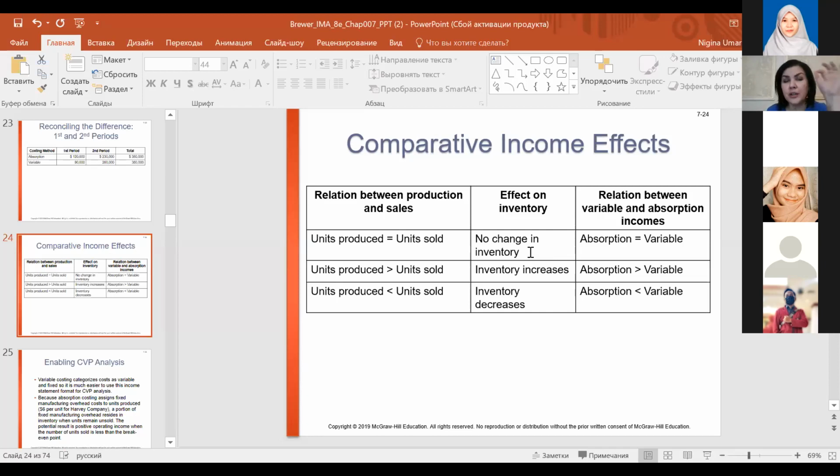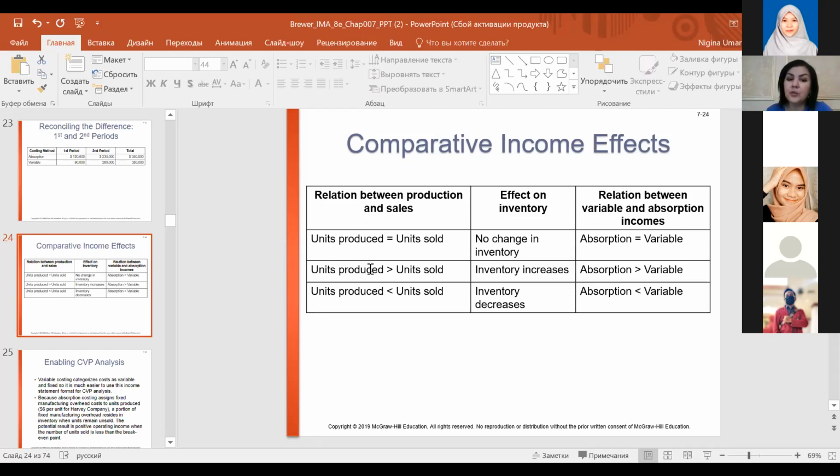So the change equals 0. Then absorption costing net operating income will equal variable costing net operating income.